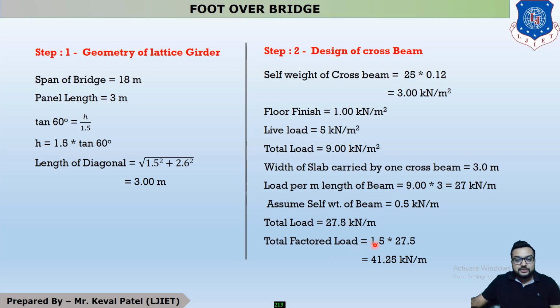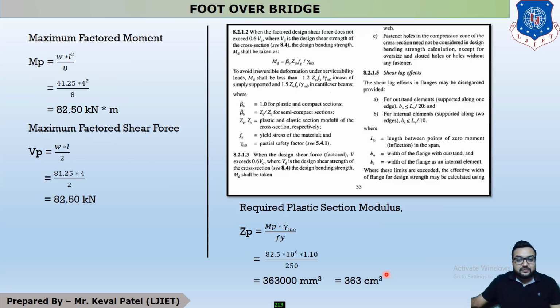The value of factor of safety is 1.5, and total unfactored load is 27.5, so you will get your answer 41.25 kilonewton per meter. Now this 41.25 kilonewton per meter load is transferred on the cross beam in the width of the walkway, which is 4 meter.